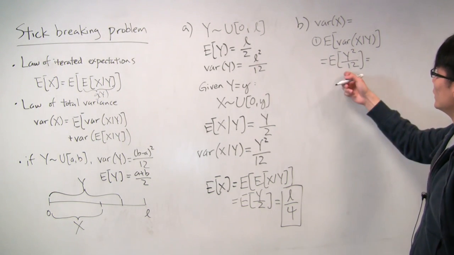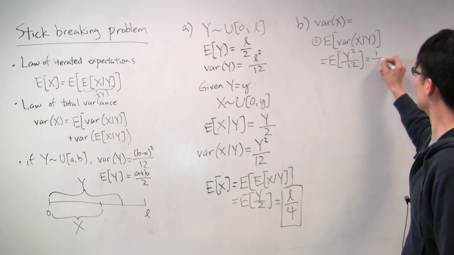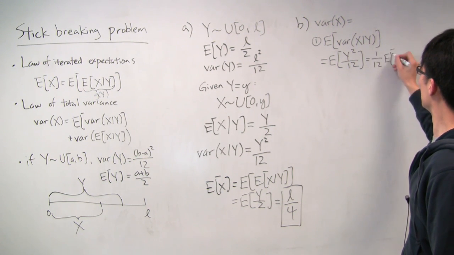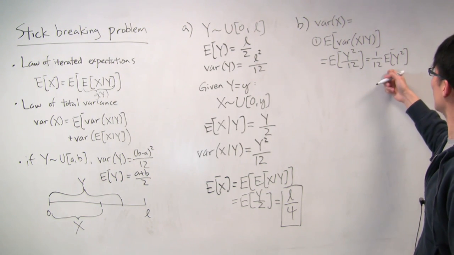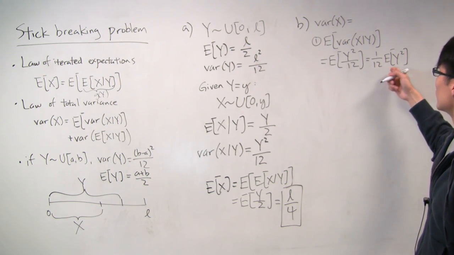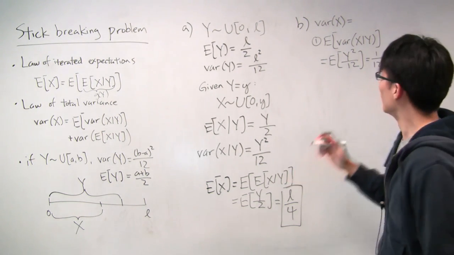All right. And now this looks like it could be a little difficult to calculate, but we can first pull out the 1 over 12. And then remember, one way to calculate the expectation of the square of a random variable is to use the variance.